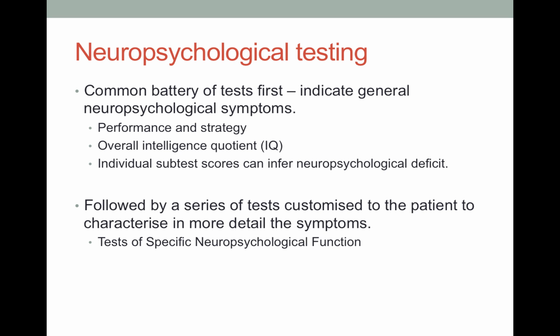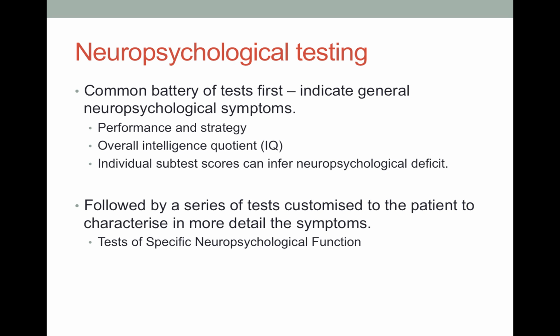For example, if the common battery of tests revealed that the patient had a memory problem, subsequent tests would be administered to reveal the specific nature of the memory problem. The neuropsychological assessment would not only include assessing how well the patient performs, but will also assess other details that are highlighted by psychological theory, such as the strategy employed by the patient when performing the test.